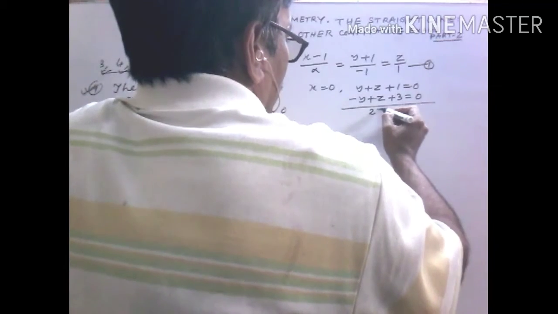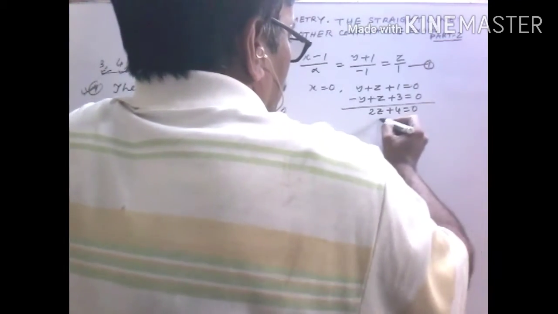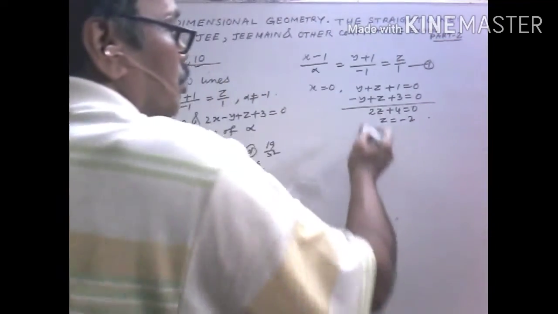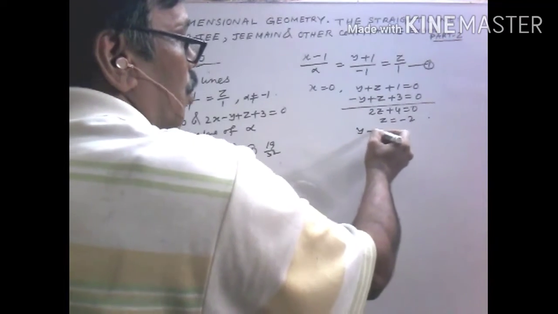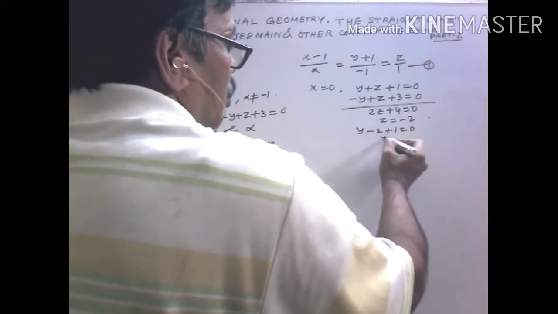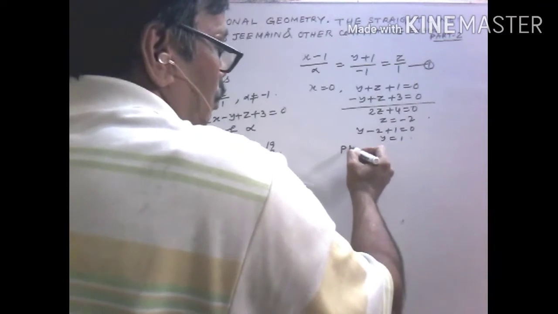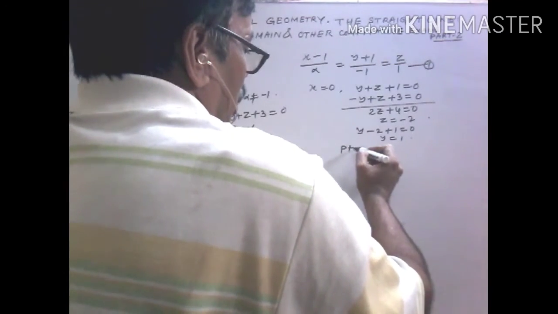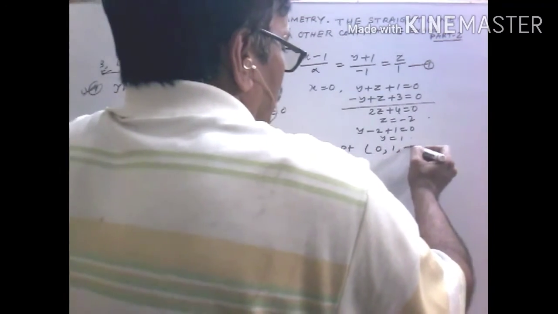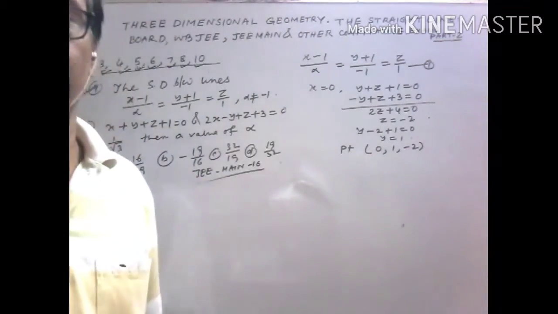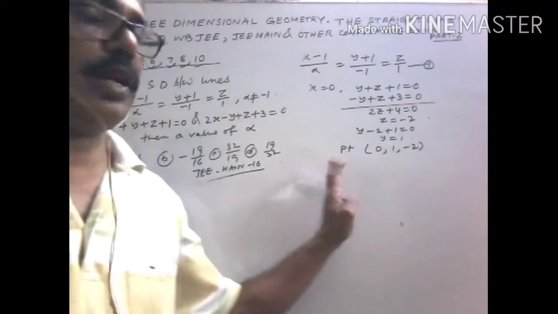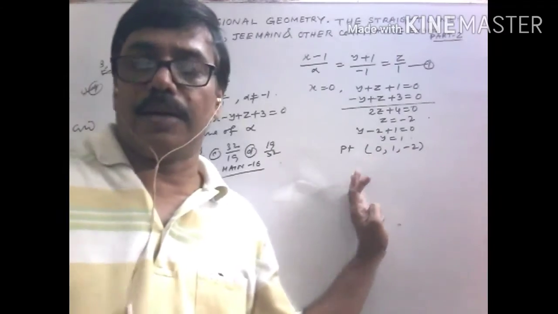Solving, 2z plus 4 equals 0, so z equals minus 2. If z equals minus 2, then y minus 2 plus 1 equals 0, so y equals 1. So the point 0, 1, minus 2 is a point on the line.